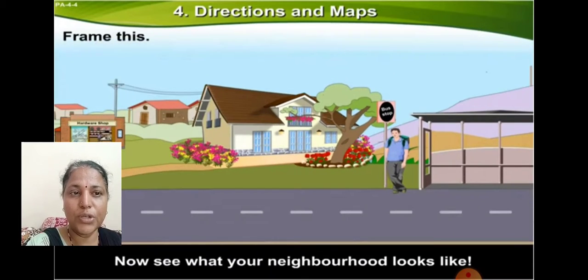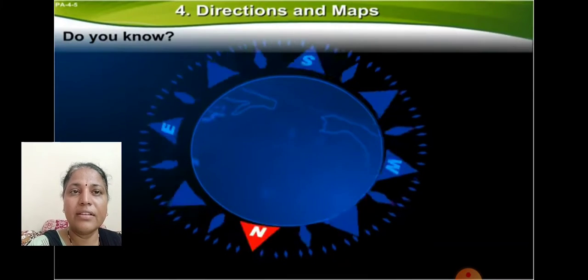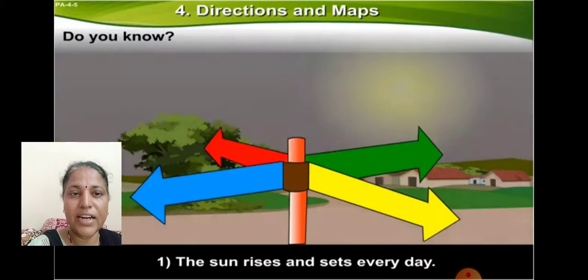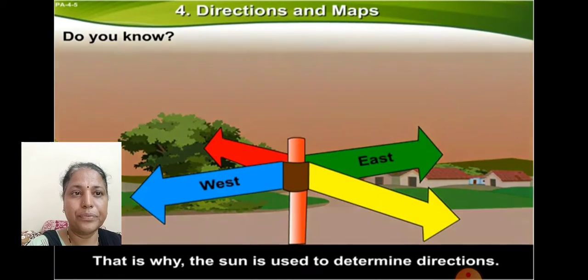Now see what your neighborhood looks like. Ask a few questions about your friends and your parents, and find the direction, for example which direction is your friend's house. The sun rises and sets every day. That is why the sun is used to determine the direction.